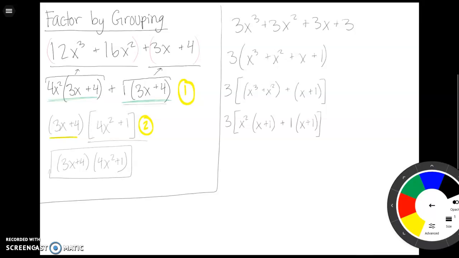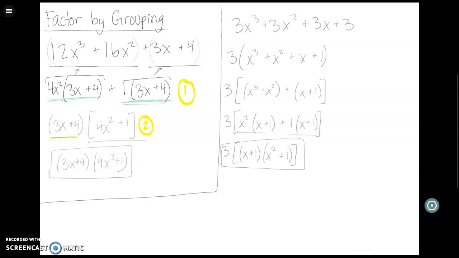Now I'm going to factor out the greatest common factor of this term and this term. So if I factor an x plus 1 out of both of the terms underlined in green, then I have an x squared and a 1 left over. So then this lovely thing would be the factored form of the polynomial I started with.